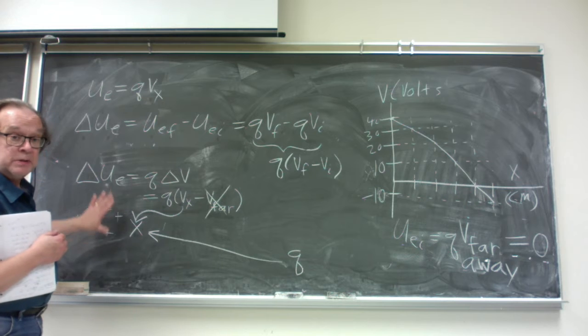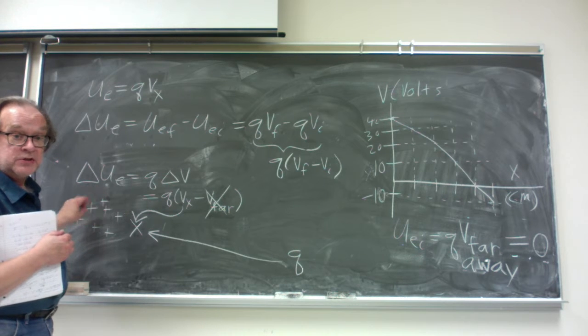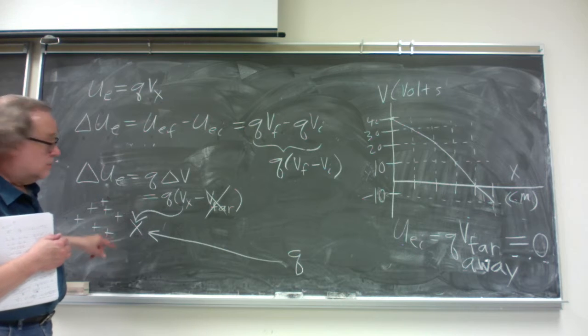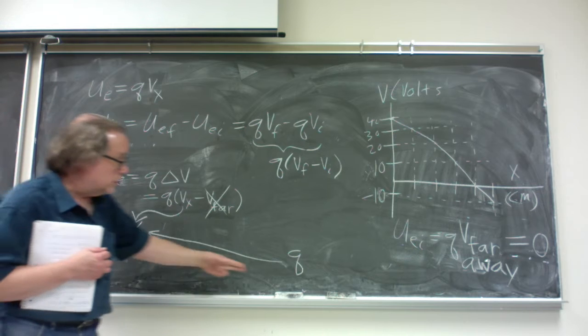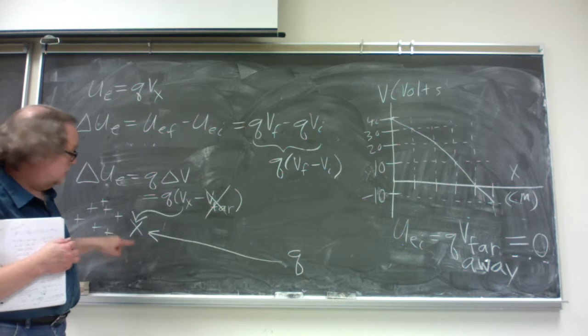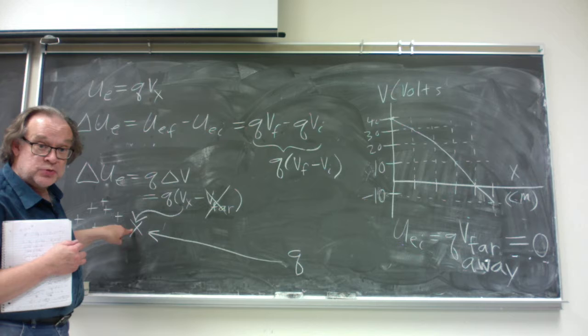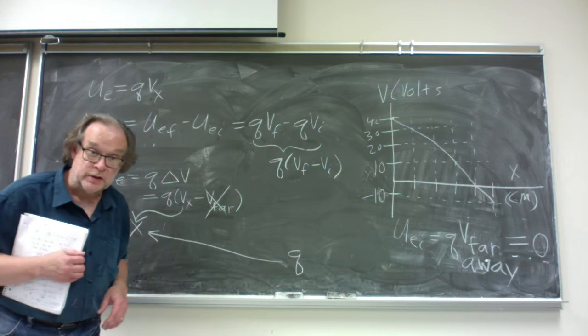There was already some potential energy in the system here because of all these charges interacting with each other, but now you've got some extra potential energy on top of all that when a new charge comes into the picture and interacts with the potential at this point.